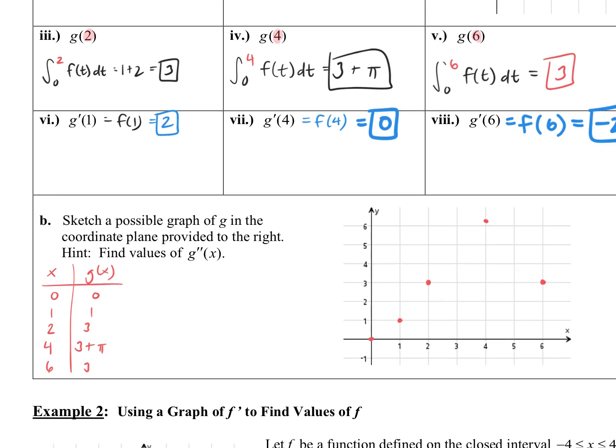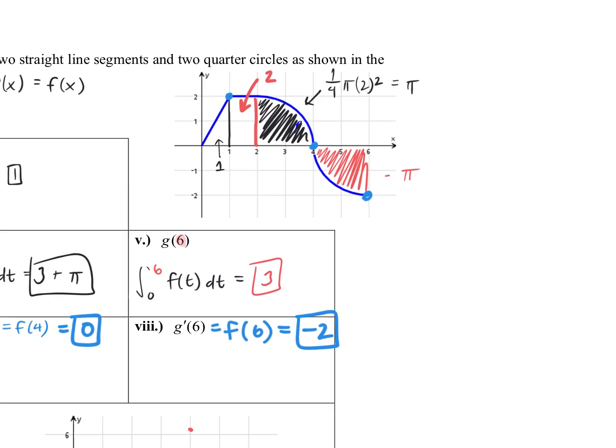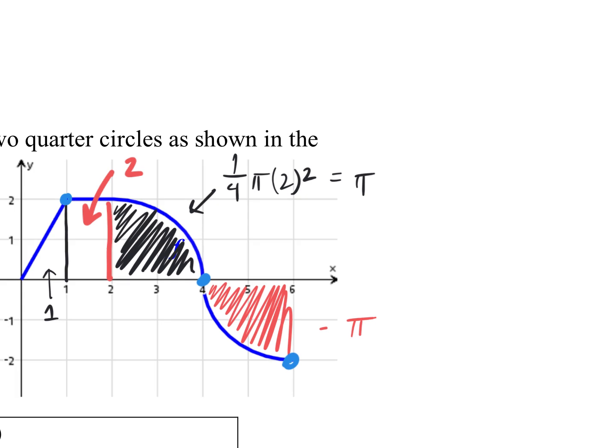Okay. So our hint is to find values of g double prime of x. Now if we go back up to the function up top here, real quick. Okay, remember this is equal to my f of x function, right? This is my f of x function. Well, my f of x function is the derivative function, right? G prime of x.